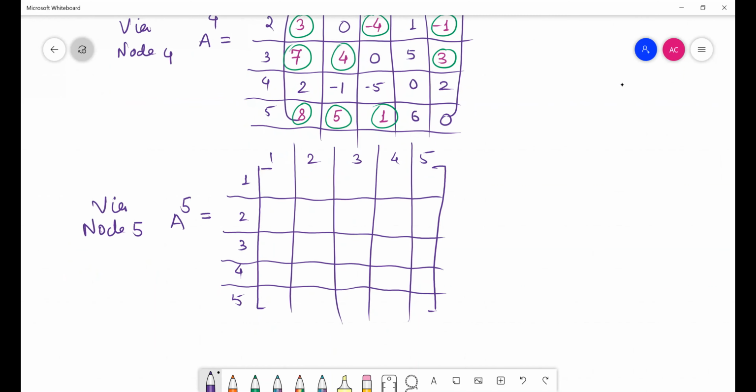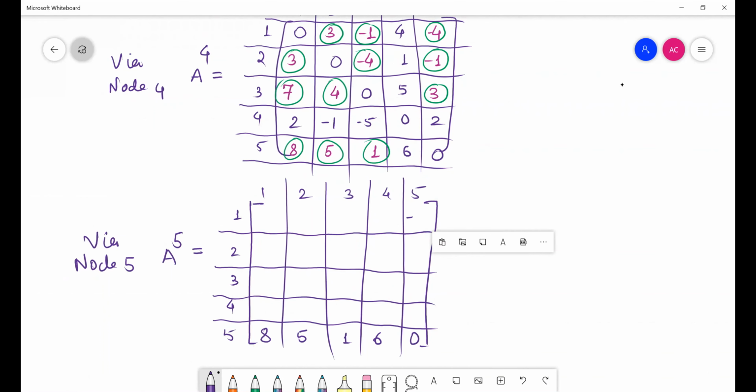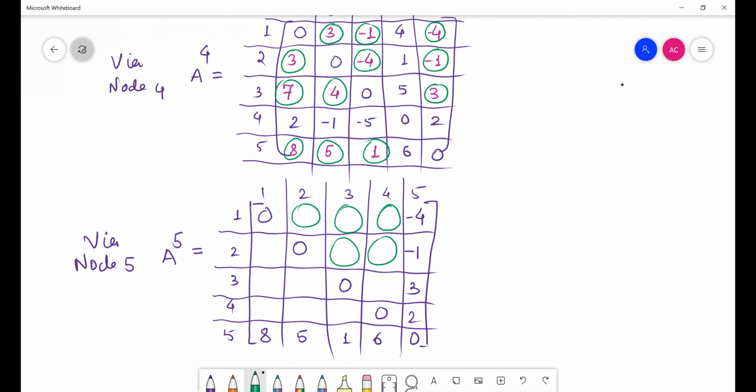In this case, the fifth row will remain the same, and the fifth column will remain the same, and diagonals will be 0. We'll calculate these missing values.